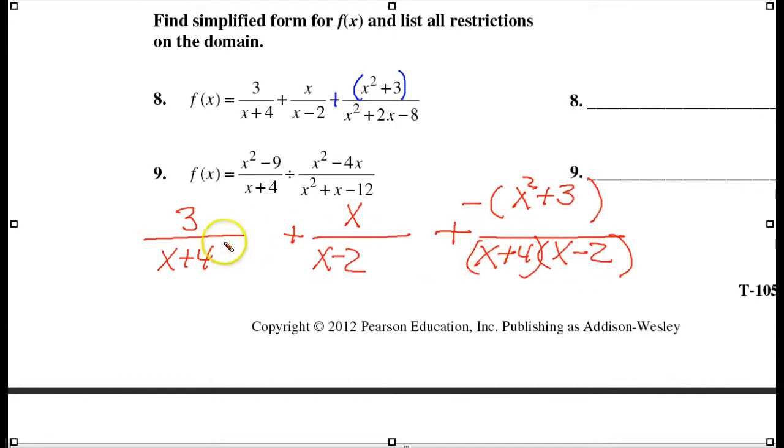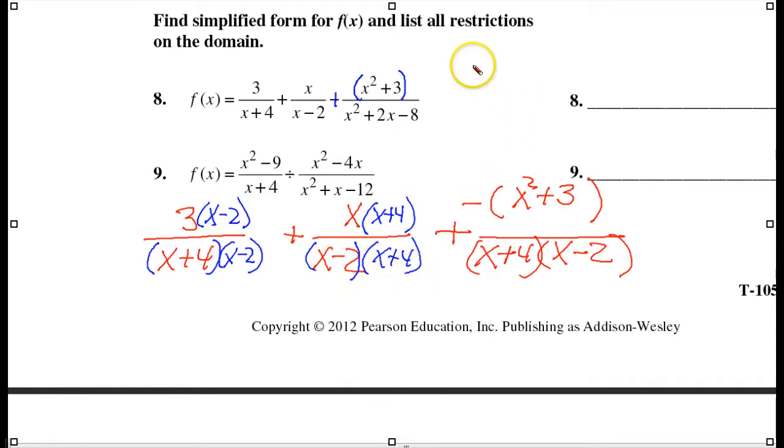So in order to get these to become this one I have to multiply by x minus 2. And remember, this is just a 1 here. And the same here, x plus 4. Okay?